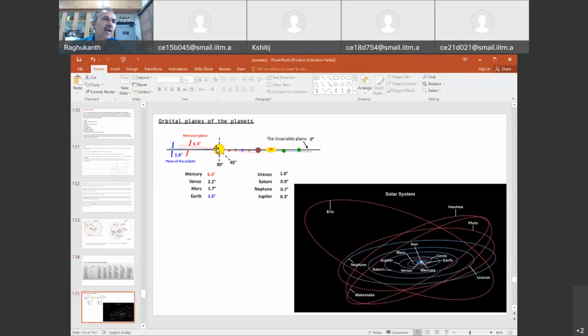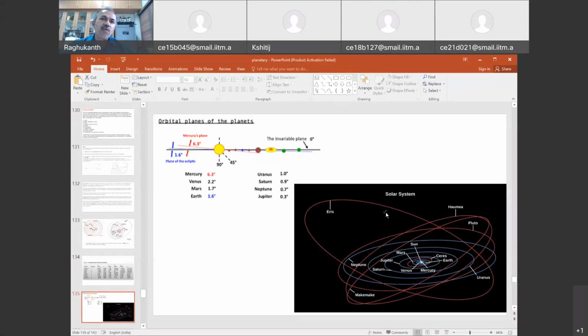And this is what we call inclination. As I already told you, the inclination with respect to the Sun's orbit is also very important here. Earth has an inclination of 1.6 degrees. It is not perfectly zero; some small inclination is there. Mercury has the highest inclination, an orbital inclination of 6.3 degrees, and Uranus and Saturn are more or less close to zero.